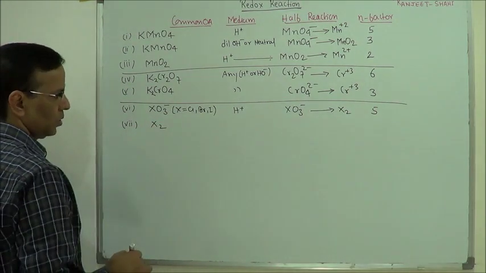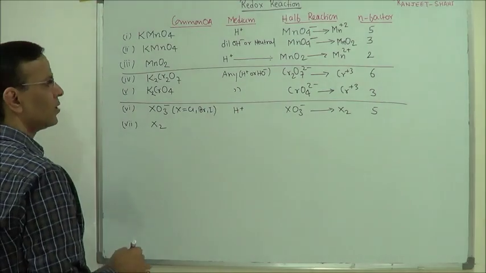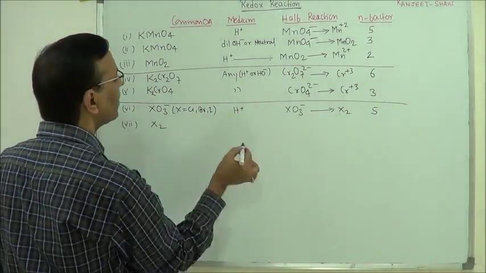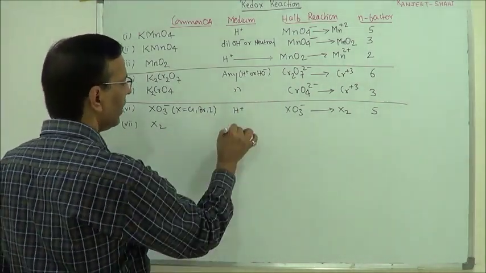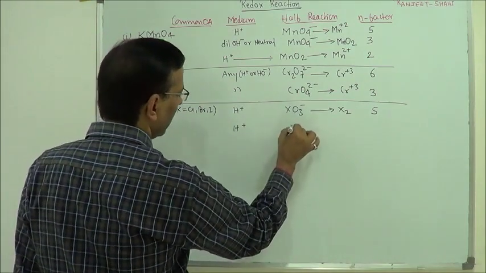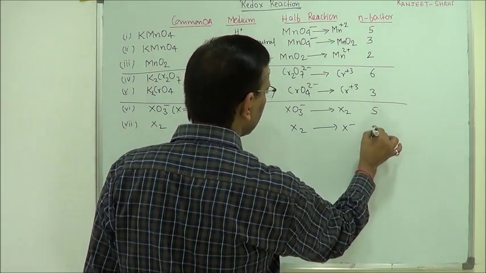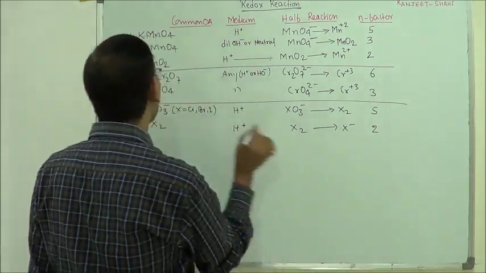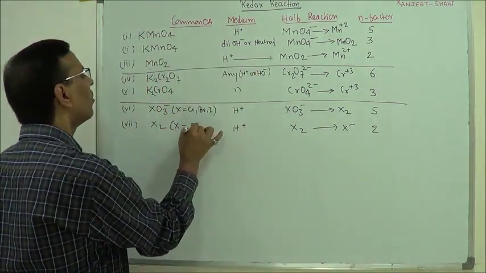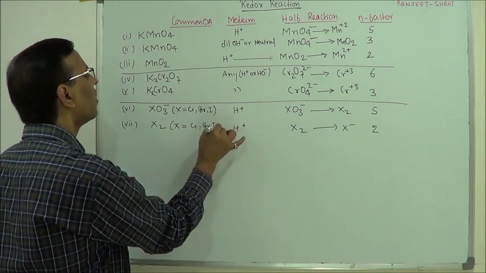X2 also acts as an oxidizing agent in acidic medium, and it gives X minus, change will be of 2 units.